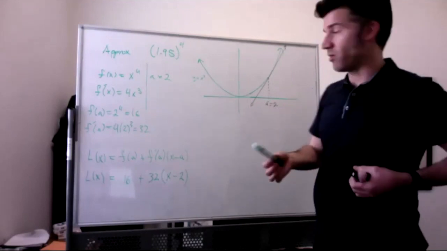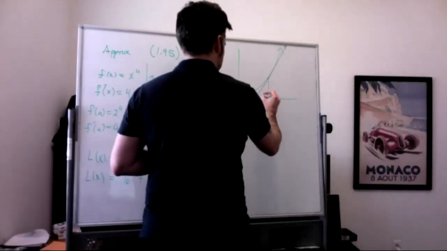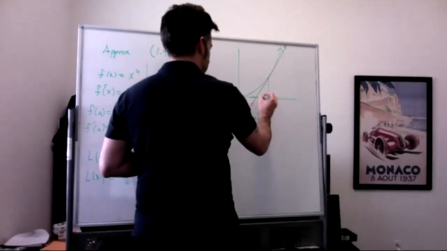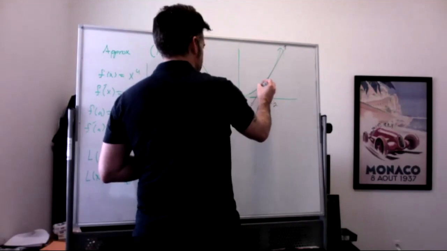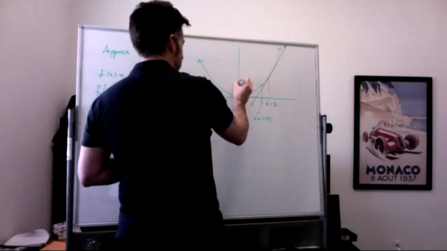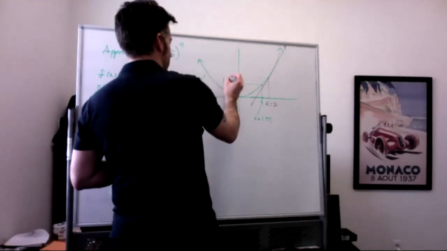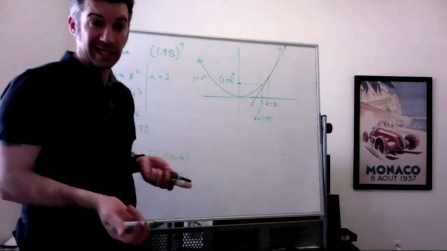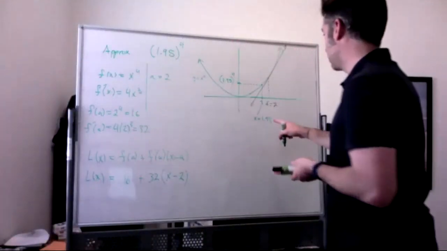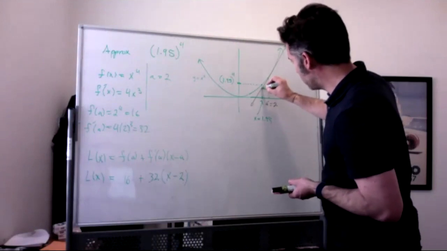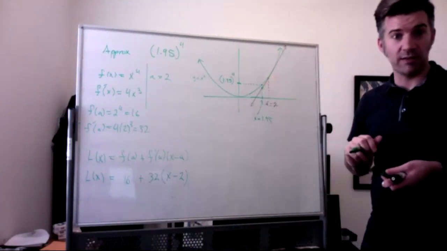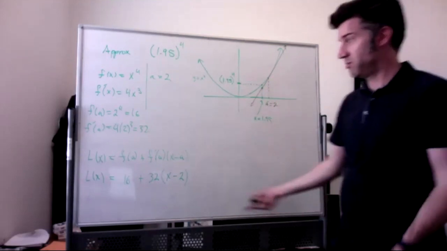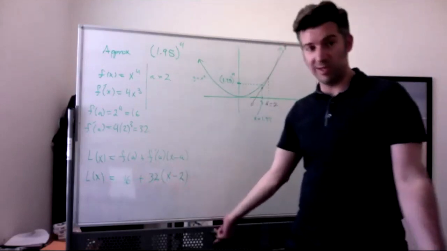Okay. So here is my a equal to 2. And what we're doing is we're saying, well, I'm going to plug in, and let's go over here. Let's say that's x equal to 1.95. And so instead of getting this value here, which would be 1.95 to the 4th, which should be a little bit less than 16, I'm actually going to find this value on my tangent line, which is given by this equation. So this tangent line is y equals 16 plus 32 times x minus 2.